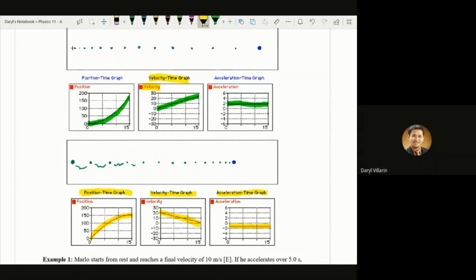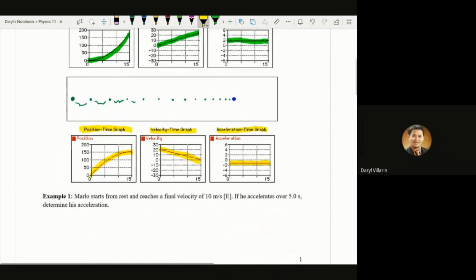So if you go from here to there with a negative acceleration, you should expect that the line would look like this in the velocity time graph, and the position time graph, depending on whether it started at the bottom or not, should be something like this.